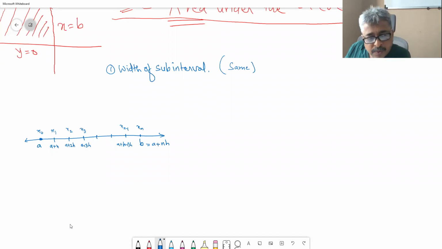And now, instead of choosing any point between A and A plus H, I can have some discipline there also. Maybe I can choose the midpoint, but still for me the calculations are going to be heavy, because the midpoint is going to be A plus H by 2, bad number.